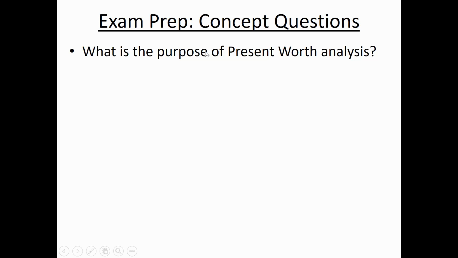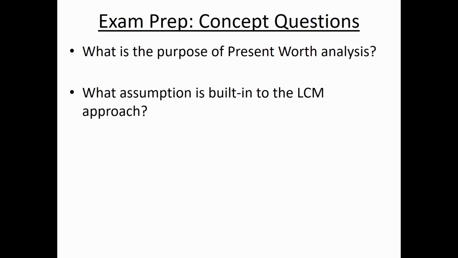And so you can say that the purpose of present worth analysis is to compare alternatives that have dissimilar cash flows. So you're taking all of the amounts to the present to find out which one is the optimal solution. So that's just an example of one kind of concept question you might see.